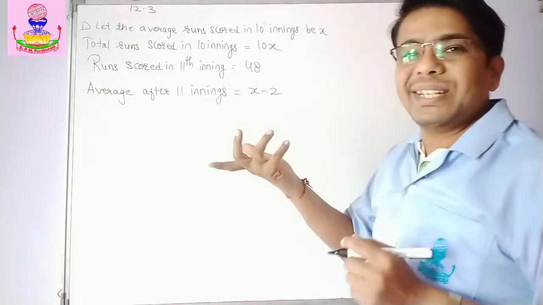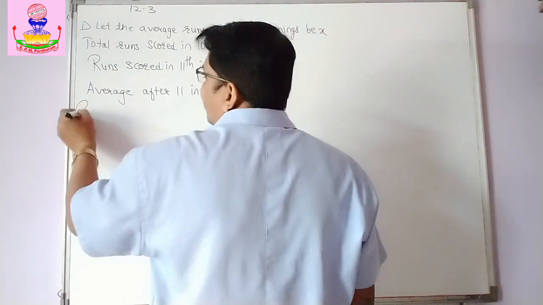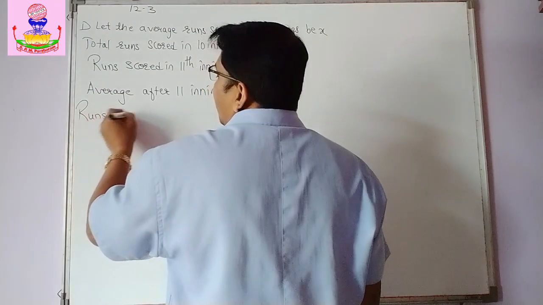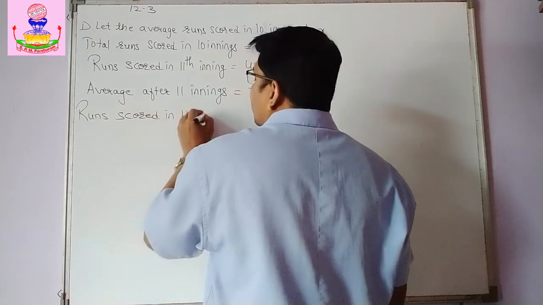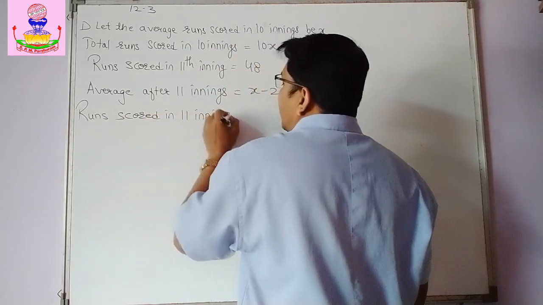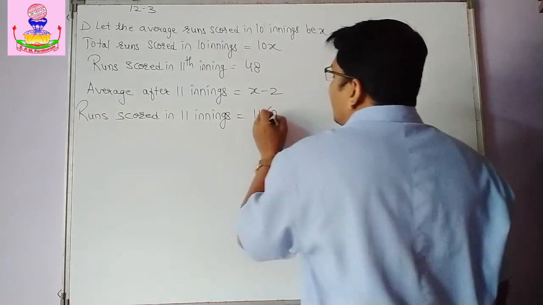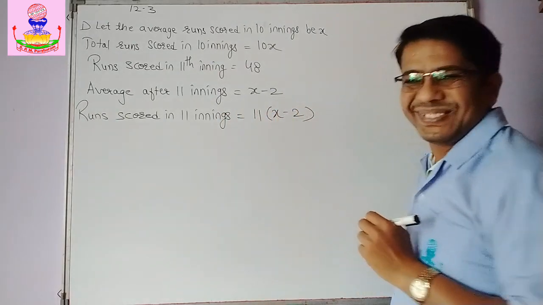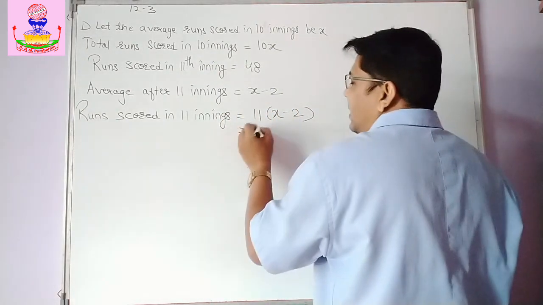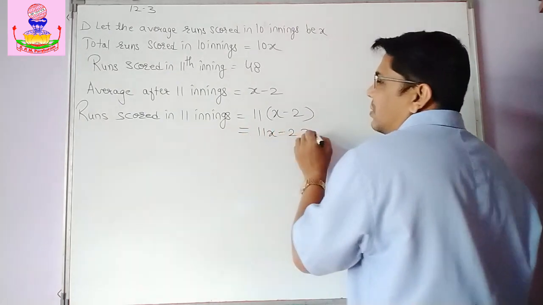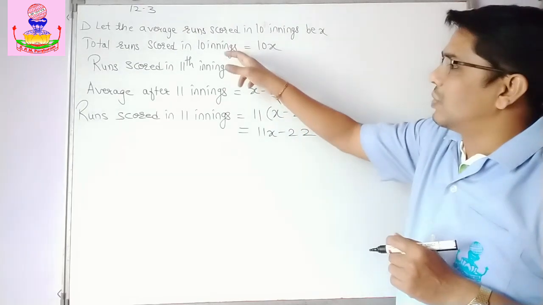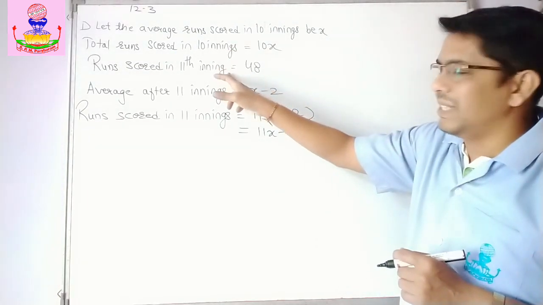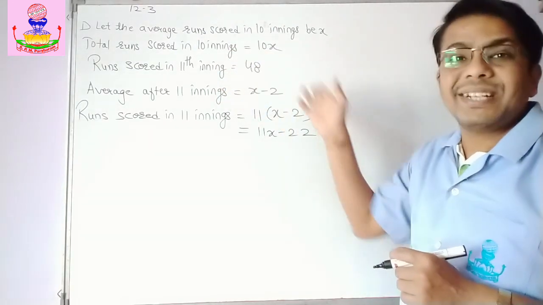Can I get the runs scored in all 11 innings? Yes, I can. So the runs scored in 11 innings, what will it be? 11 into x minus 2. So that is 11x minus 22. These are the runs scored in 11 innings. I know the runs scored in 10 innings. I know the runs scored in the 11th inning. So let us equate them.